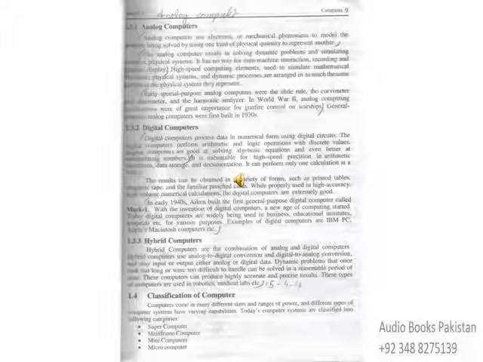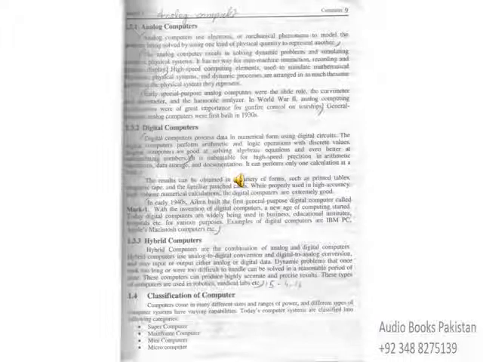In the early 1940s, Aiken built the first general-purpose digital computer, called Mark I. With the invention of digital computers, a new age of computing started. Today digital computers are widely used in business, educational institutes, hospitals, etc. for various purposes. Examples of digital computers are the IBM PC, Apple's Macintosh computers, etc.